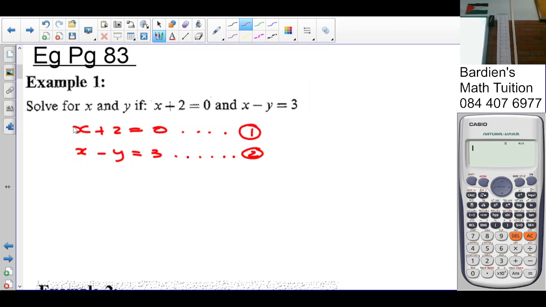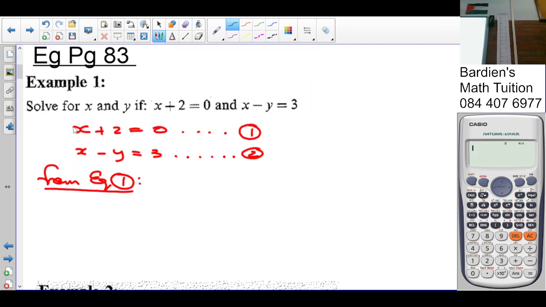Okay, so equation 1 has 1 unknown, equation 2 has 2 unknowns. So we choose the equation that has 1 unknown, and we can solve that equation. If we look at equation 1, what can we see? We can solve for x, not so?